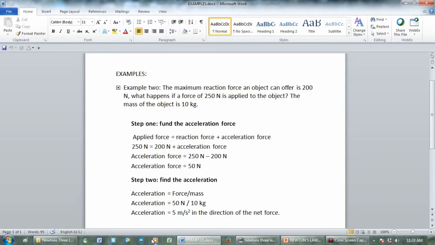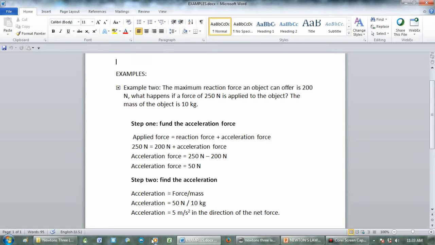So our applied force was 250 newtons. Our maximum reaction force is 200 newtons. So plugging those numbers into our equation and rearranging, we get acceleration force equals 250 newtons minus 200 newtons. The acceleration force equals 50 newtons.